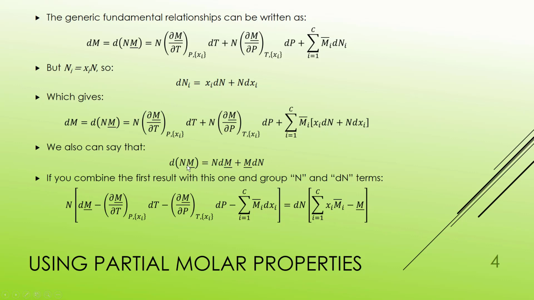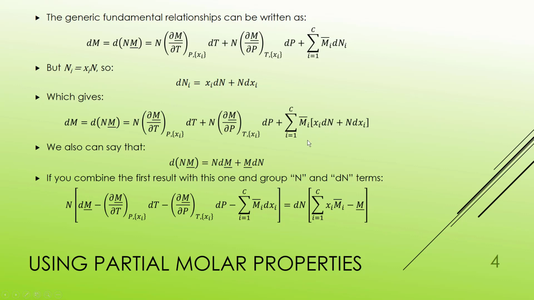Of course, I could have at the beginning said, wait a minute, I'm looking at dM. M is N times intensive M, and I could have applied a product rule to this. Okay? So if I do this, I'm going to end up with this is equal to this.